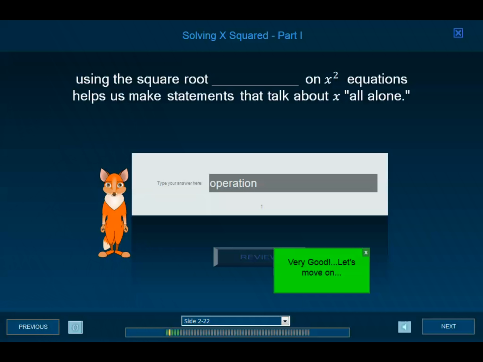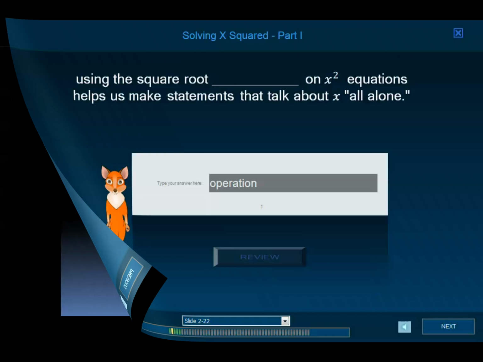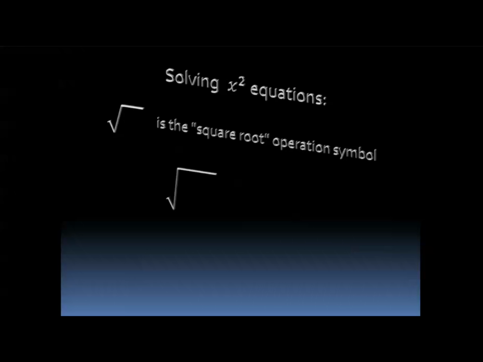Good. Using the square root operation on x squared equations helps us make statements that talk about x all alone. The square root of any expression raised to the second power, or squared, is equal to the absolute value of the expression.